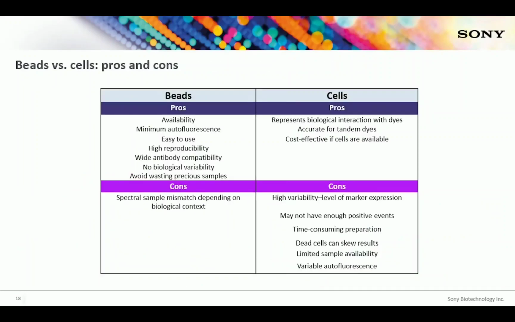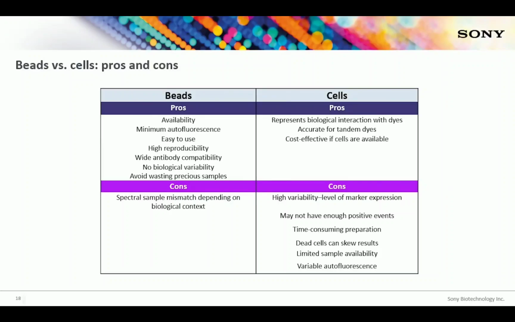What are the pros and cons of using beads versus cells? So beads have several advantages. First is availability, right? As long as you have a bottle in your fridge, then you can use them. They also have minimal autofluorescence, so this problem of matching autofluorescence between positive and negative is not an issue when using beads.